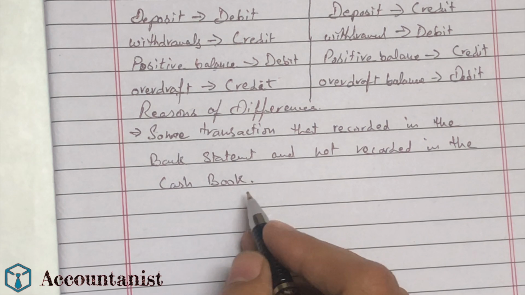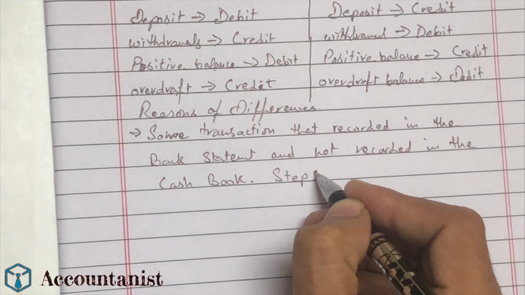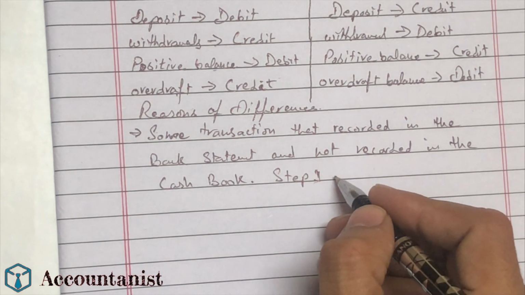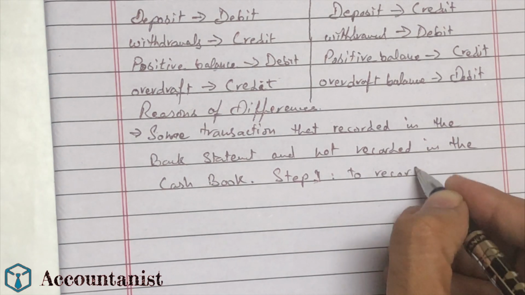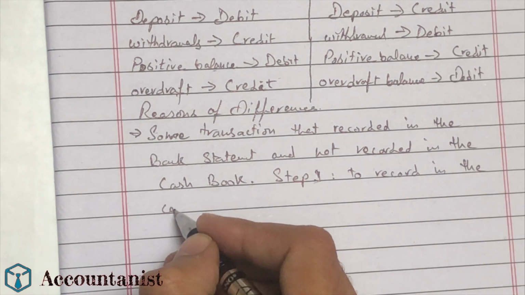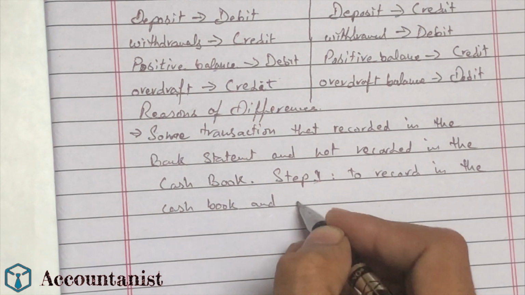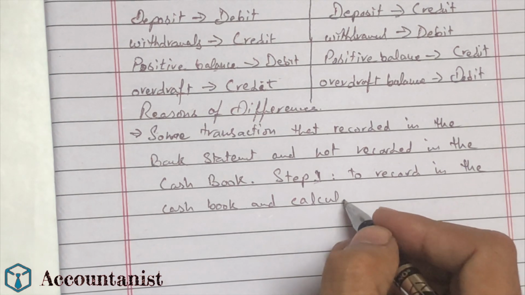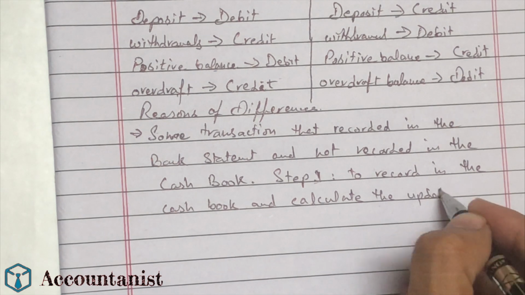I usually say that this is step 1: we have to identify these differences, record them in the cash book, and calculate the updated cash book balance.